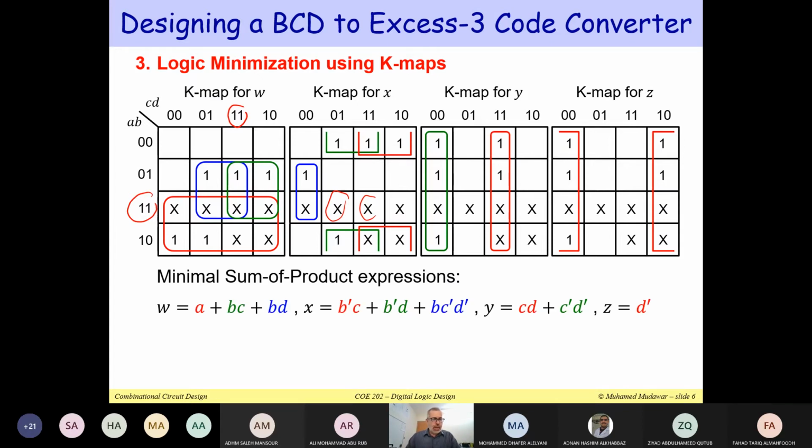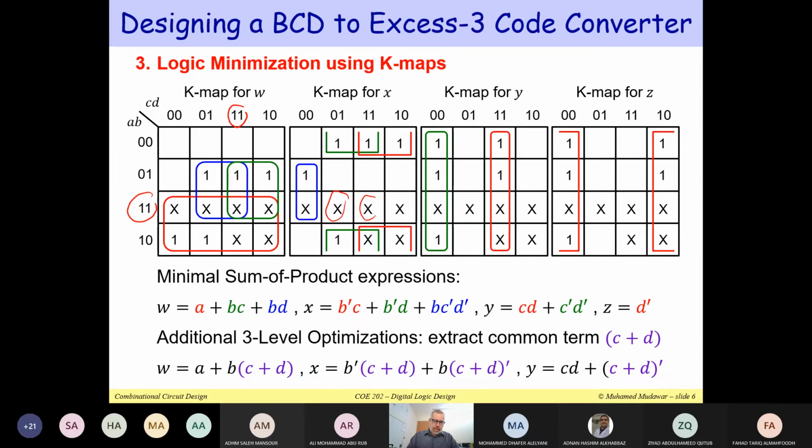So we obtain here 4 equations, for W, for X, for Y, and for Z. We have the equation for each one of these outputs. Is this clear? So that's basically what needs to be done. And step number 3 is to obtain the equations. Use the Carnot maps to do the logic minimization and obtain the equations.